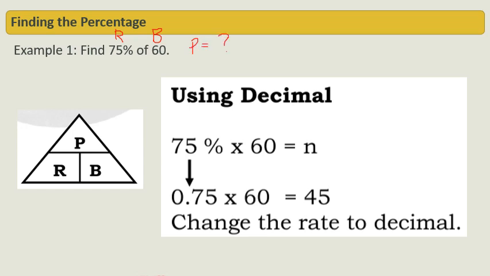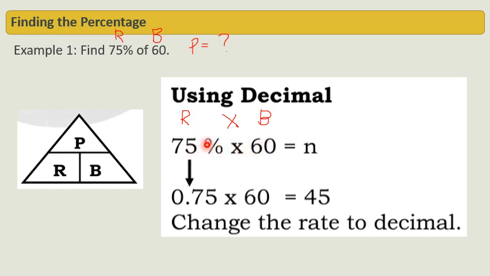Okay? If we are going to use the Tekens triangle, ang gagawin lang natin is to multiply yung ating rate at saka yung ating base. Okay? So, ito na siya. Since ang rate natin is 75%, at yung base natin is 60, yun lang yung multiply natin.